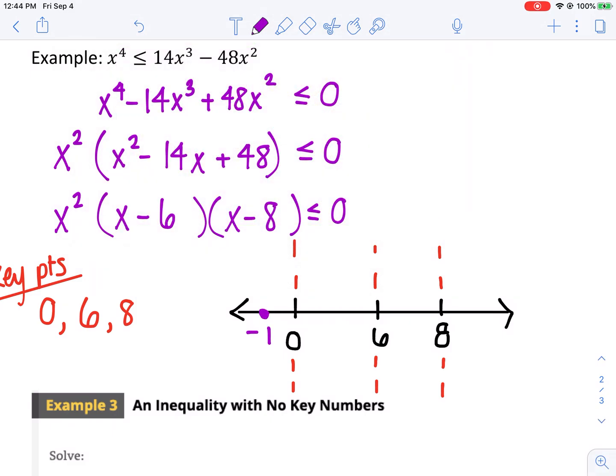Maybe like -1, 1, 7, and 9. Please take a moment, pause the video, and figure out which areas are true and which areas are false by testing the point in the original inequality.